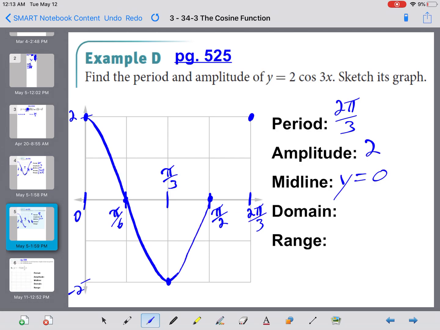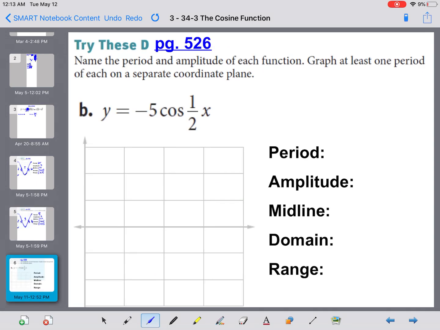It's hard at times on the iPad to get it, but all right, there we go. Domain is -infinity to infinity, and the range for this one is -2 to 2. Okay. And that's it.